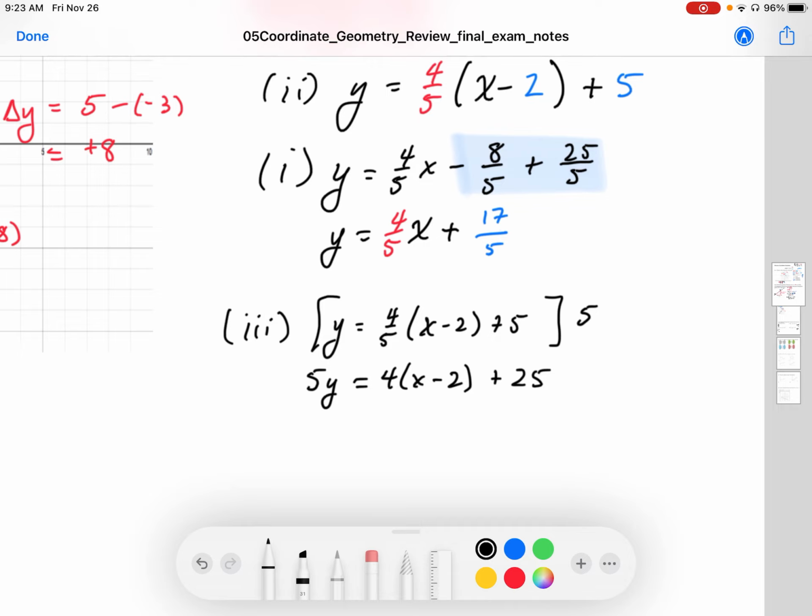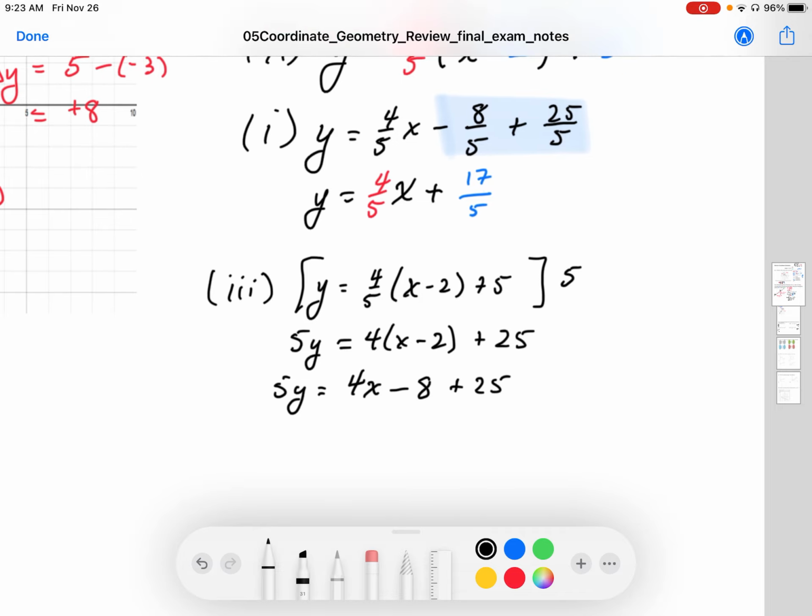Now I have my coefficients, and in the general form, we have to keep the x coefficient positive. So I'm going to subtract 5y from both sides. I get 4x minus 5y, and then combining like terms, plus 17. So there is the general form of my equation.